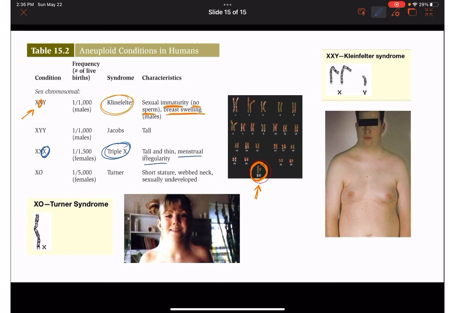It can make them tall and thin. Or if you just have a single X chromosome, you're lacking the other X chromosome, then that can result in Turner syndrome. And again, that can have different repercussions. In this case, it can result in sexual underdevelopment and also a short stature and a web neck.